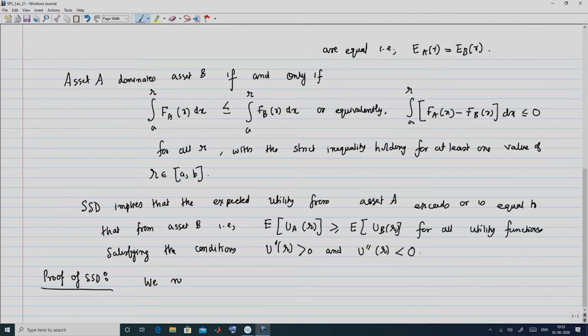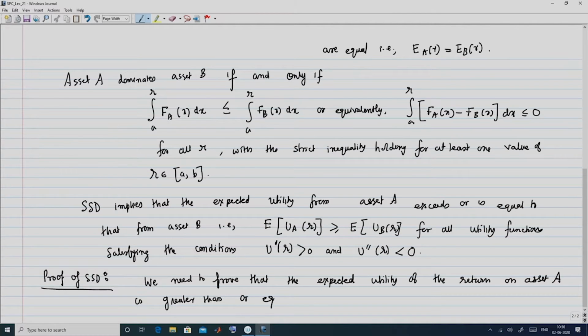So what we need to prove is that the expected utility of the return on asset A is greater than or equal to that of the return on asset B under certain conditions.